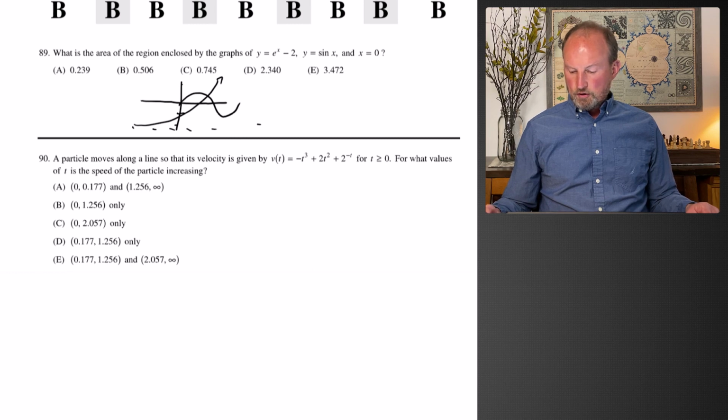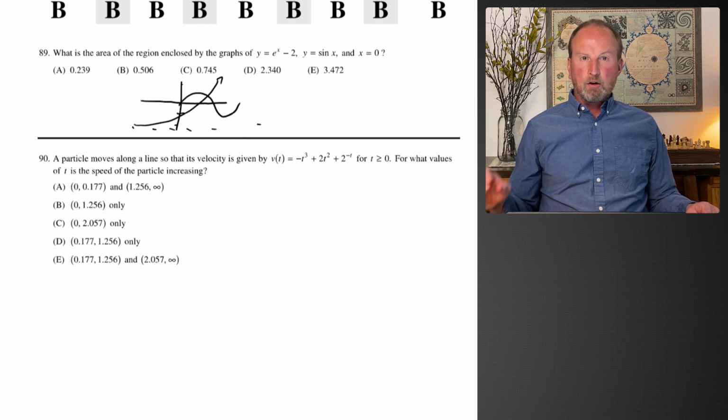So we're going to do e to the x minus 2. Nope, get out of the exponent. E to the x minus 2, set equal to the sine curve, and we're going to solve for x and get my answer.